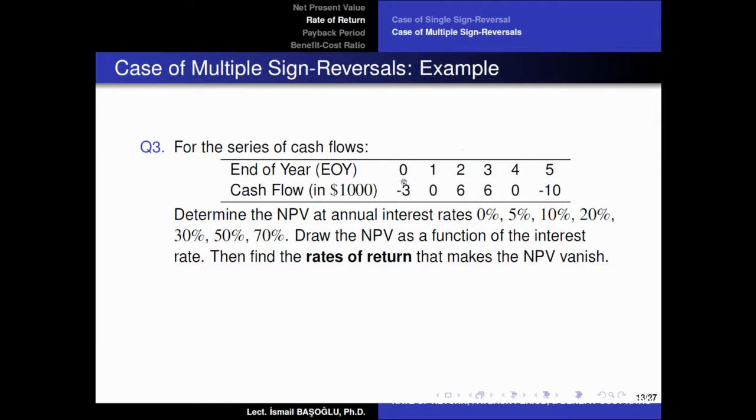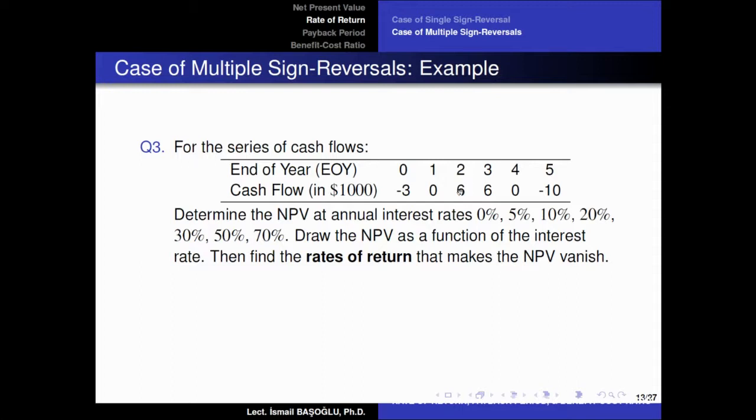So we need to determine the net present value at different interest rates. We are going to draw the plot diagram of the net present value, and we are going to calculate the net present value at 0% interest rate, at 5%, 10%, 20%, 30%, 50%, and 70% interest rate values. We will calculate the net present value, and we are going to connect these dots over the plot diagram to draw the net present value as a function of the interest rate.